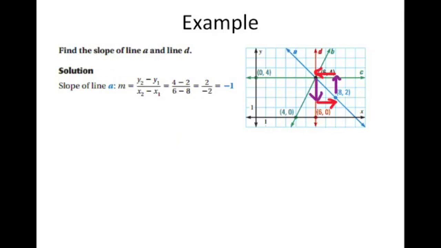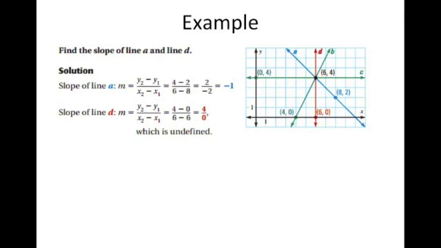Alright, let's do line D. Okay, so line D goes from the point (6, 4) to the point (6, 0), and you can tell that line does go straight up and down. So we already know from the previous slide that that is going to be an undefined slope, but let's just go ahead and do the calculations. So we see the change in the y's is from 4 to 0, and the change in the x is actually 0.